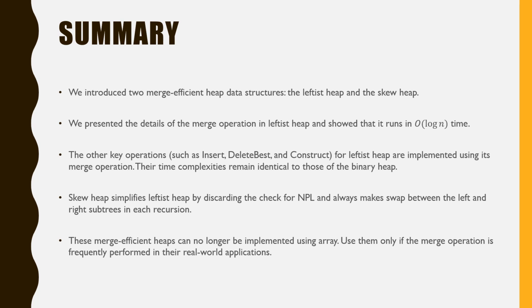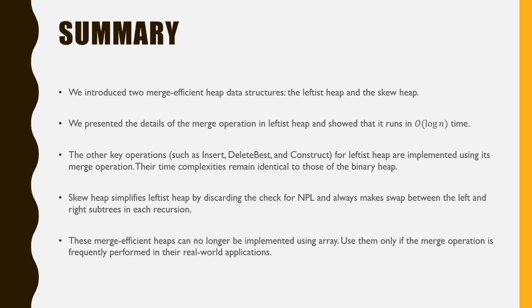Some fundamental operations in Leftist heaps, such as insert, delete best, and construct, are efficiently implemented using the merge operation. To eliminate the overhead of storing, updating, and comparing the MPLs, Skew heaps discard the MPL information and instead always swap their left and right subtrees during merging.